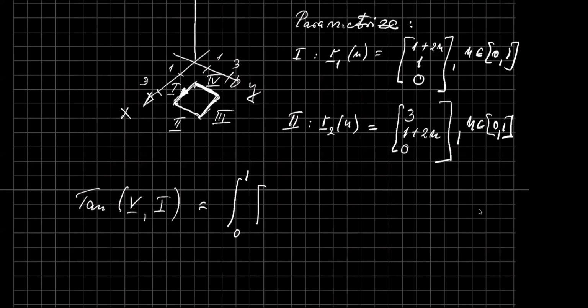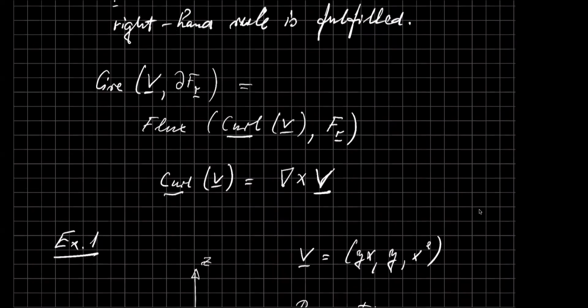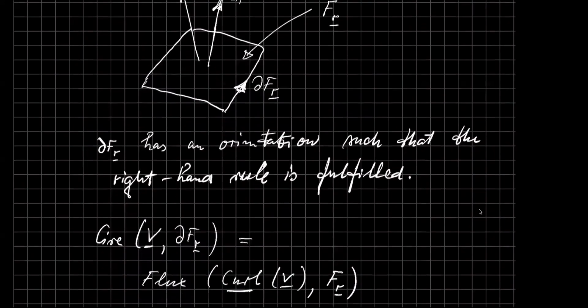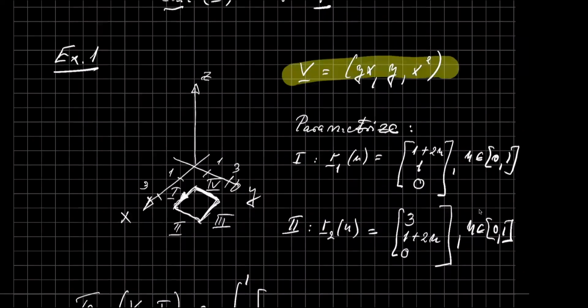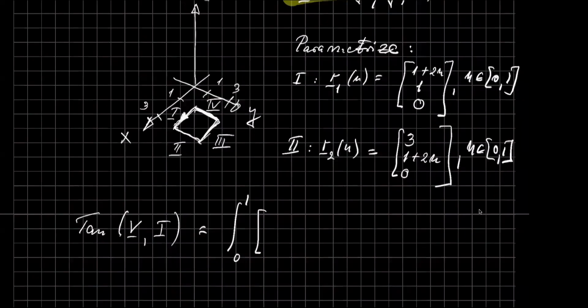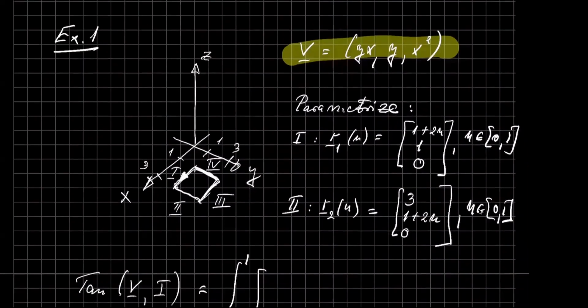And then you need your vector field. And if we just go back and look, we have the vector field here. It's yx, y, x squared. And you need to put your parametric representation into the vector field.